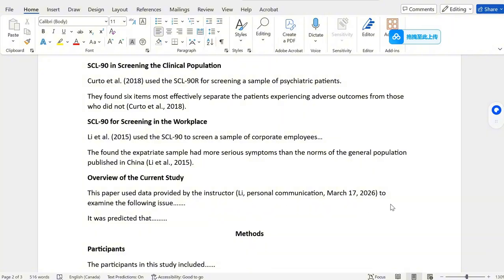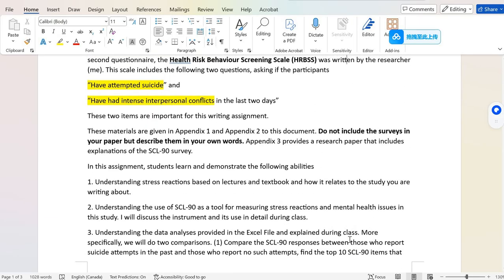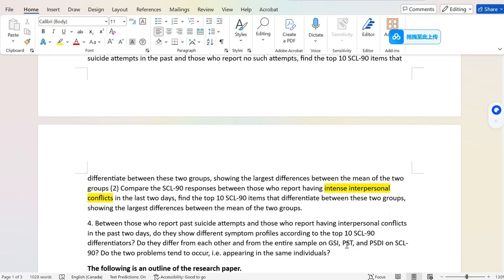We took part of the data from study 1 of Lee et al. 2015 and did a more detailed, more in-depth analysis. Here you want to explain the rationale of the current study.